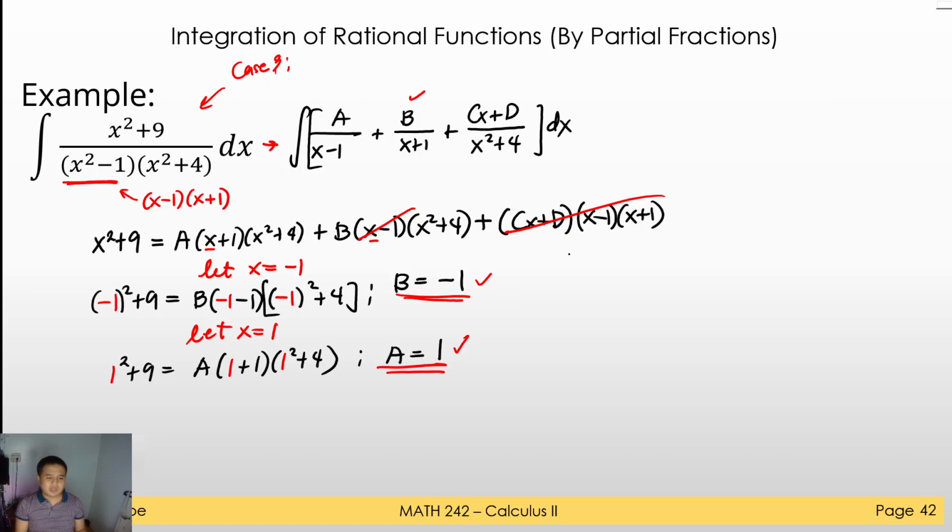So what now? How do we solve for C and D? We cannot solve this anymore, since there is no real value that will make this 0. This will always be positive if you substitute any real number for x. If we square any real number, it will always be positive or 0. So the substitution method will not work anymore.